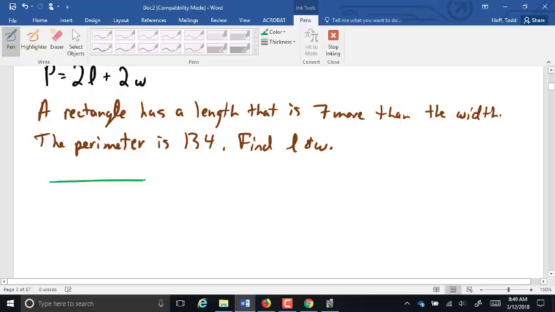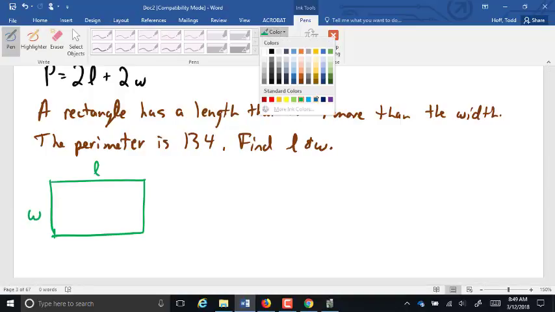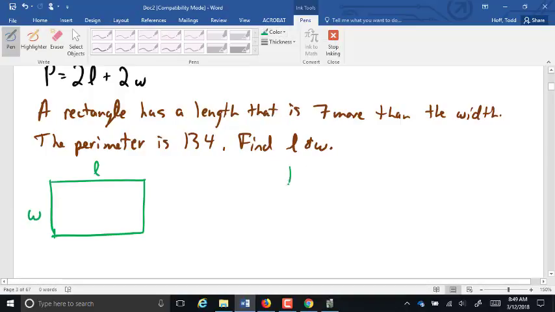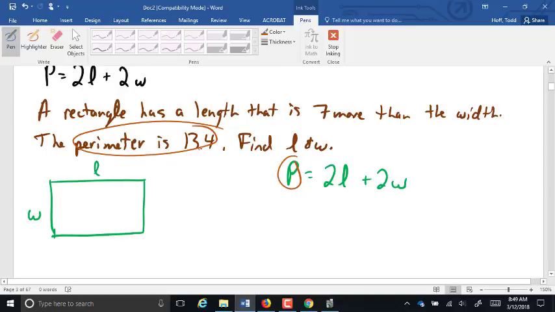So I like to draw a rectangle on these. It's just easier for me to keep track of stuff. I have the length and I have the width. My formula, perimeter, is 2L plus 2W. I know the perimeter. That's given up here. P is 134.